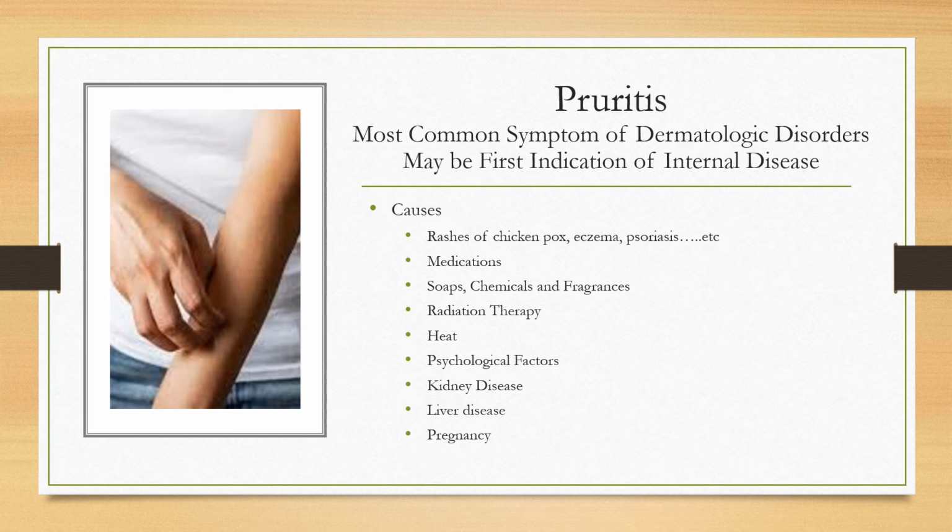In terms of internal conditions, the two organs I really think of are kidney disease with its buildup of toxins, and liver disease with buildup of bilirubin and deposit in the skin. Both lead to itchy skin. Okay. Pregnancy is another one. Pregnant women often complain of itchy skin, especially in the third trimester.